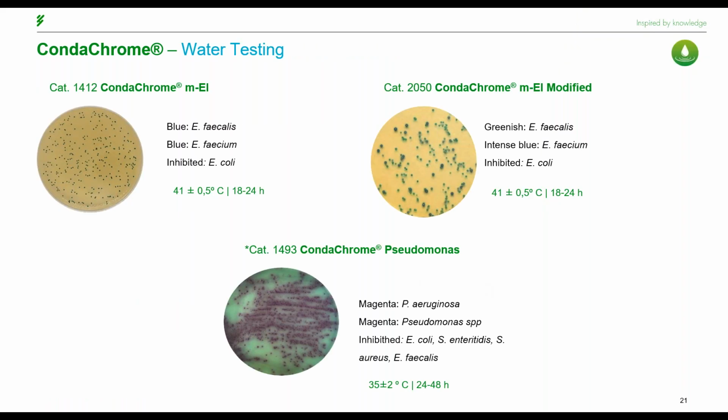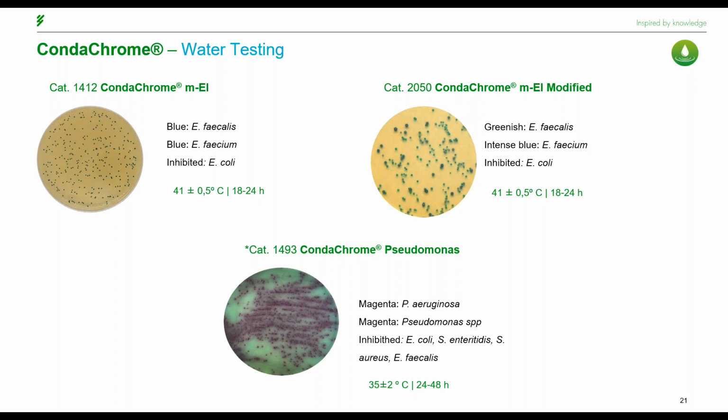So focusing only on water analysis, as we have seen, some chromogenic media have been included in ISO methods such as the CCA, but for other indicators such as enterococci, we have two media available, Condachrome MIE and Condachrome MIE modified. With Condachrome MIE, in a single step, we will be able to identify enterococcus in our sample that will grow as a blue colony.